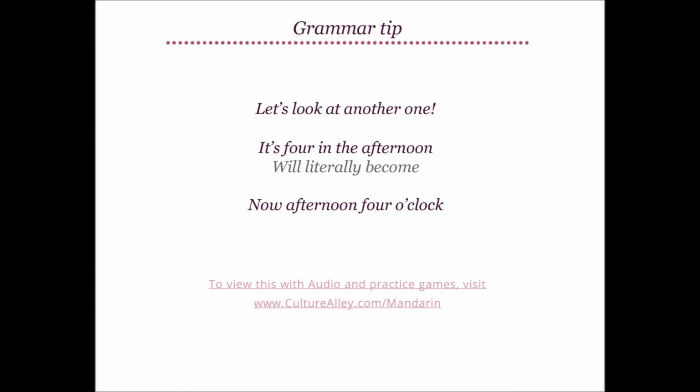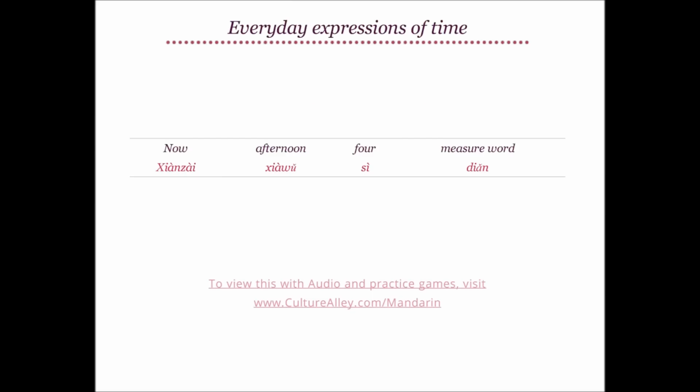Great! Let's look at another one. It's 4 in the afternoon in Mandarin literally becomes now, afternoon, 4 o'clock, making the breakup as follows. Now becomes 现在, while afternoon translates to 下午. 4 becomes 四.